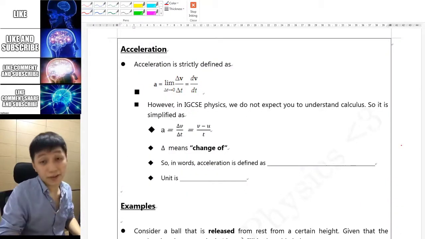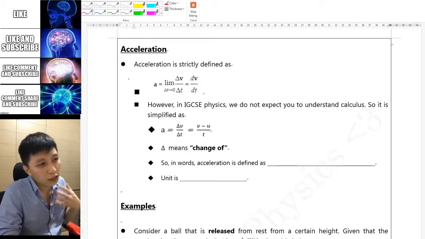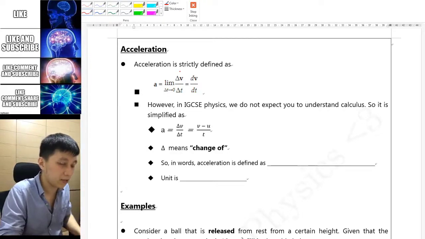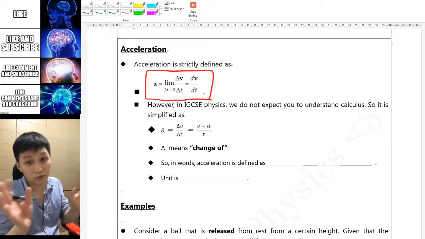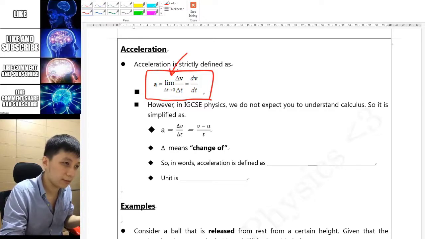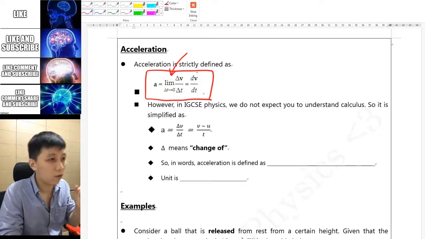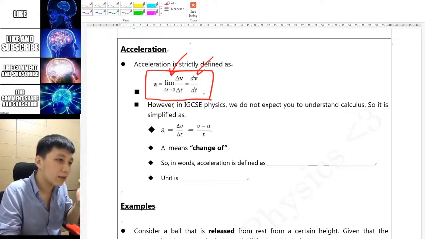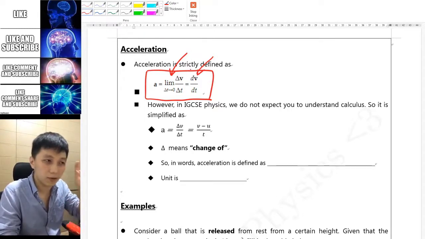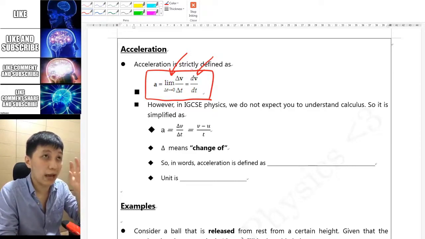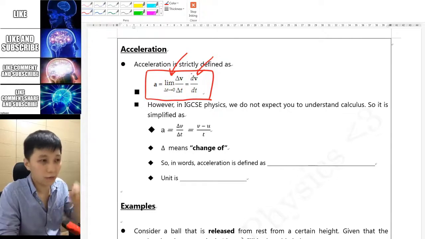Okay, let's talk about acceleration now. If we try to define acceleration in a very perfect sense in mathematics and physics, then we'll use this. Obviously you shouldn't know what this is, because this is something to do with the maths we call taking the limit, or differentiation in calculus. If you don't understand this, it is fine, but notice that this is the most fundamental and perfect definition of acceleration.